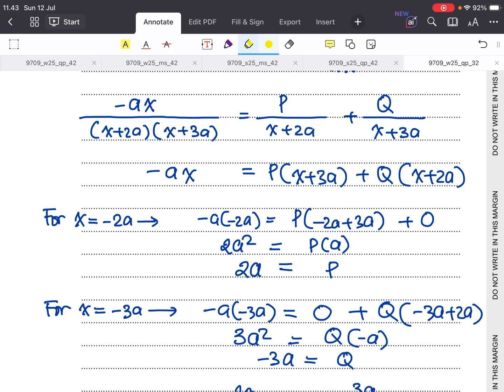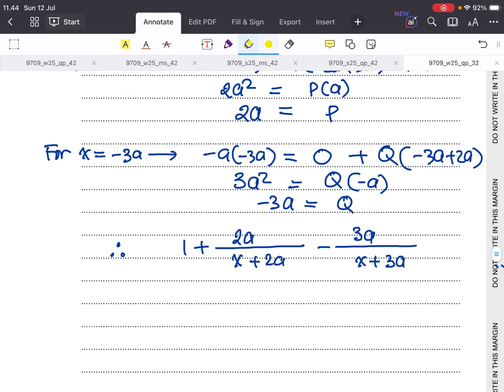And then in order to find the value of q, we take the value of x equals negative 3a, to make this one into 0. So at substituting that value, we have negative a times negative 3a equals 0 plus q times negative 3a plus 2a. So q is equal to negative 3a.